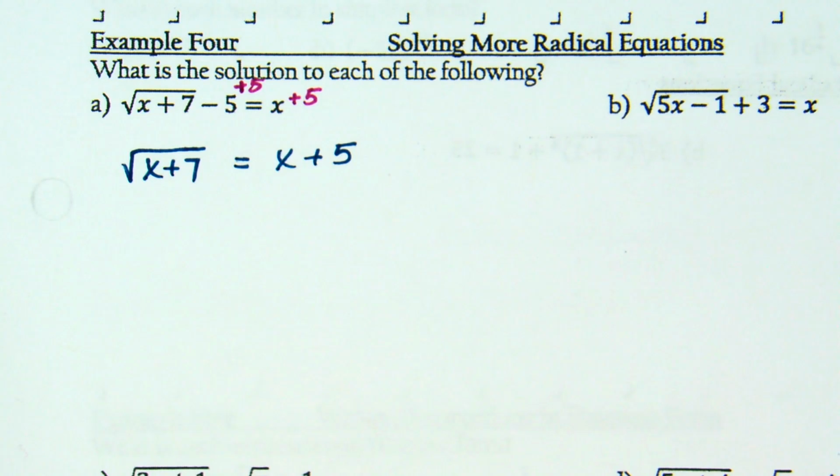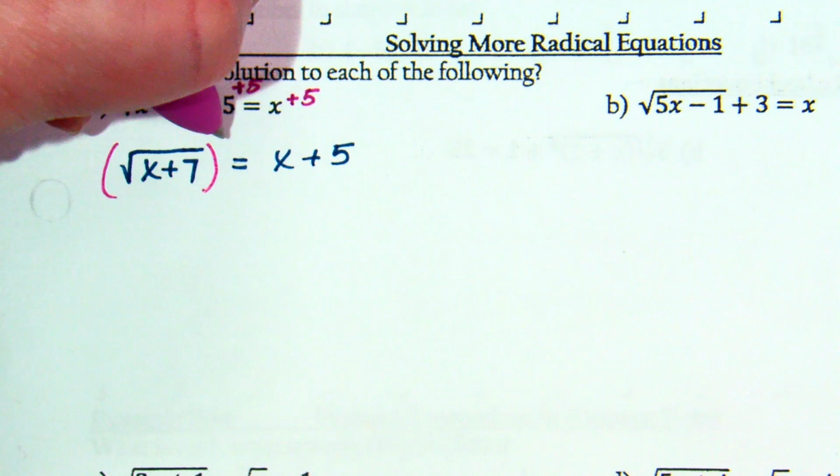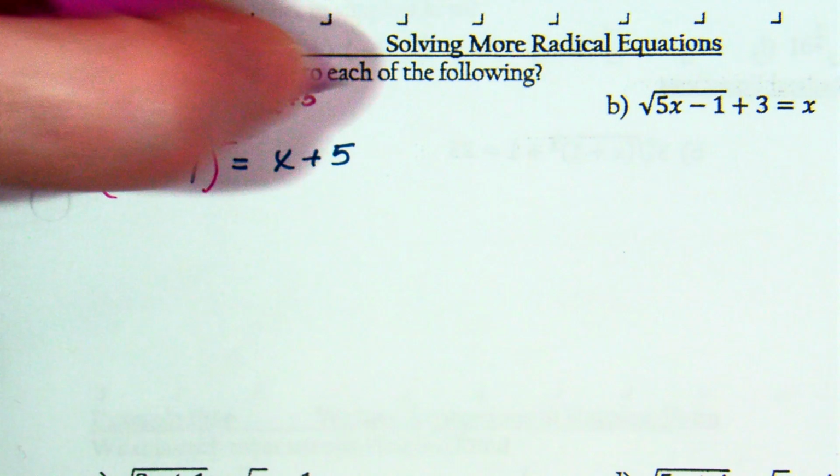And you have to look at a square root has an invisible index of 2. So we need to raise it to the power of 2. If this is a cube root, we'd raise it to the power of 3. If it was a fourth root, we'd raise it to the power of 4, whatever we need. So we're going to square this. If we square the left, we're squaring the right.